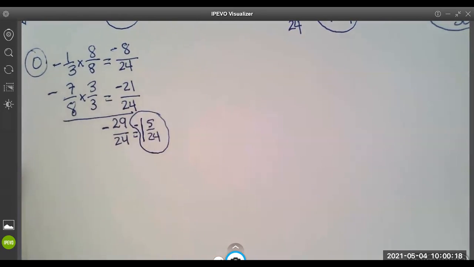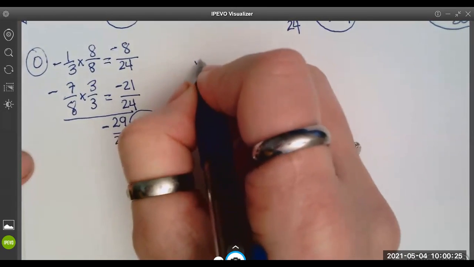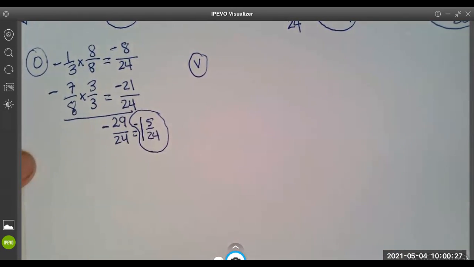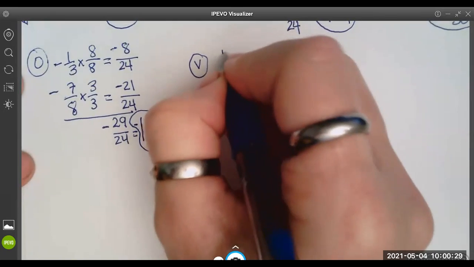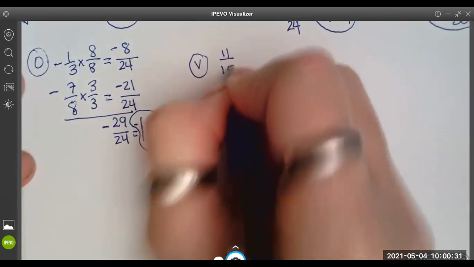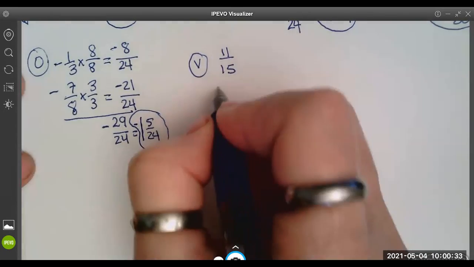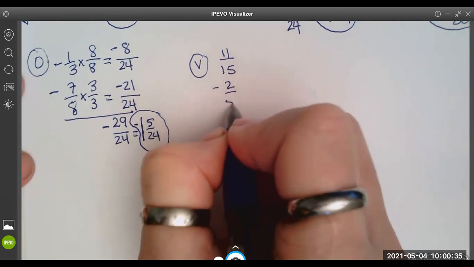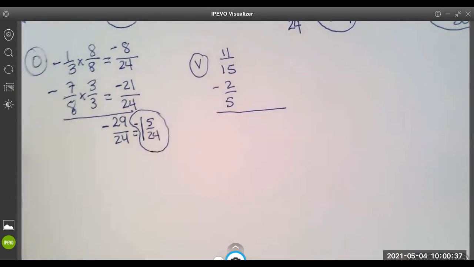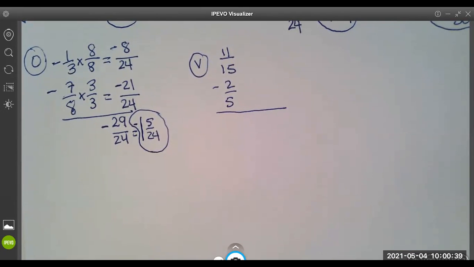Okay. Next one on that row is V, like Victor. My original problem says 11 over 15 and negative 2 over 5. Okay.